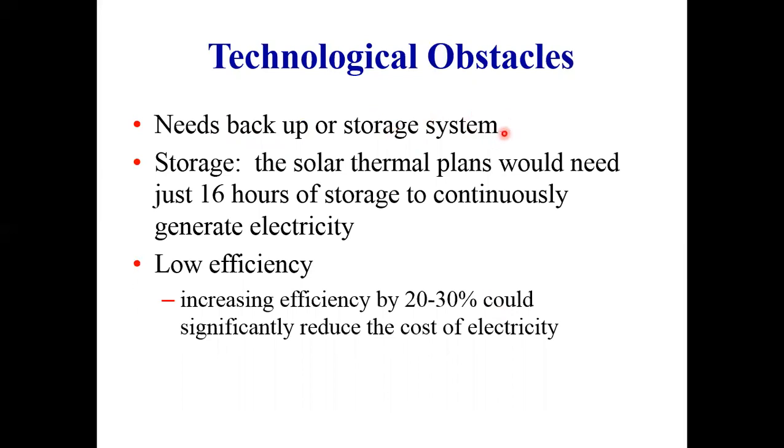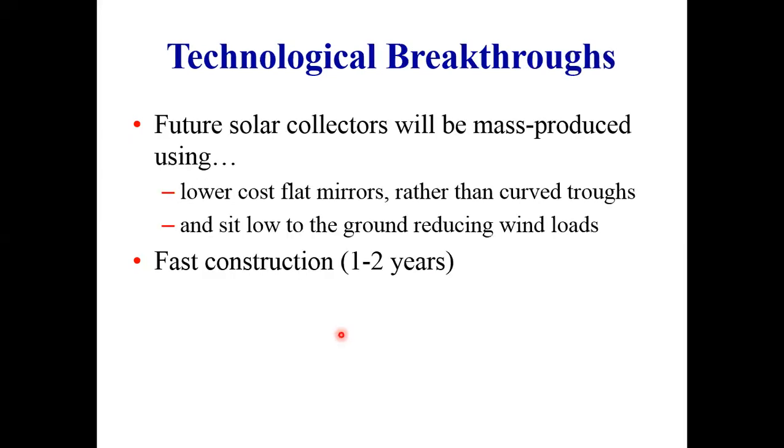Because it is not continuously available, that's why we require storage. Solar thermal power plants need 16 hours of storage to continuously generate electricity. And one more thing is that efficiency is very low. Increasing efficiency by 20 to 30% can reduce the cost of electricity.